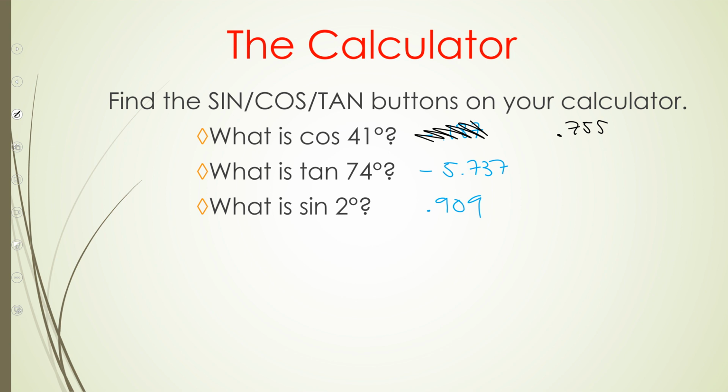Okay. That's what the inverse trig function is doing. We said that if you take the cosine of 41, you get 0.755. What I just had you do is what's called the inverse function. We'll talk more about that on Friday. Questions? Beautiful.